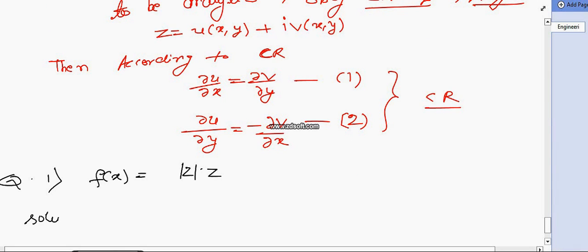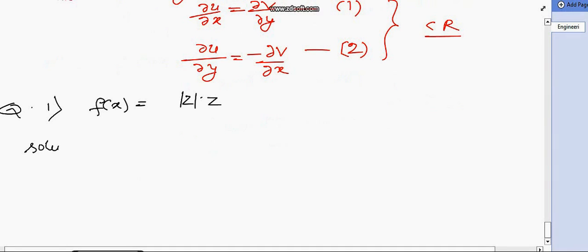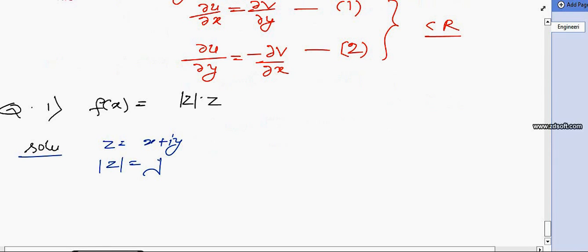So solution. Okay, so z is equal to x plus iy, or mod of z is equal to under root of x square plus y square.